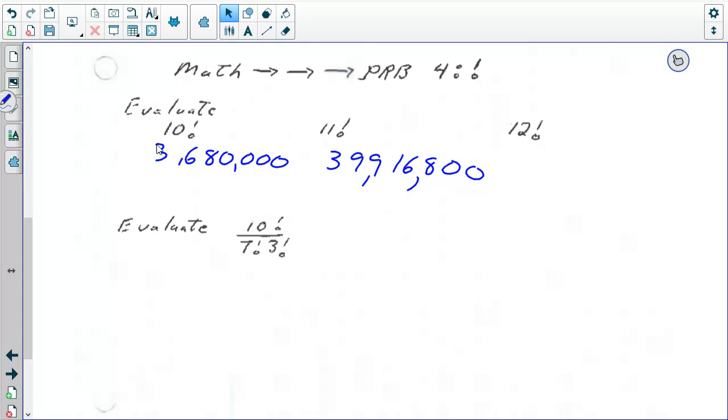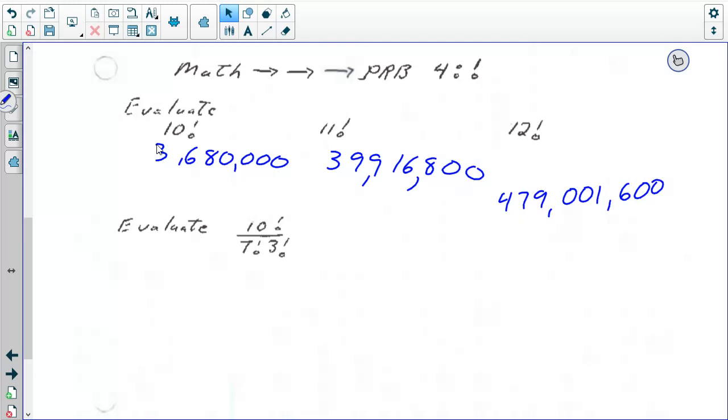Thank you. So what's 12 factorial? 479,001,600. As you can see, they're getting large very quickly.